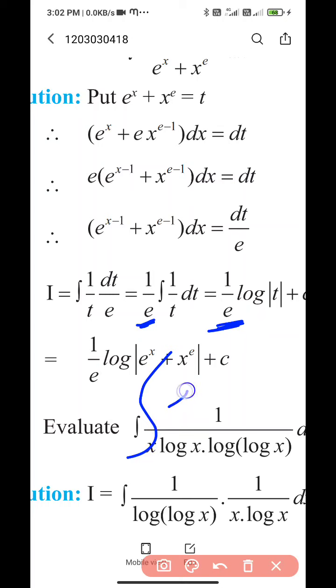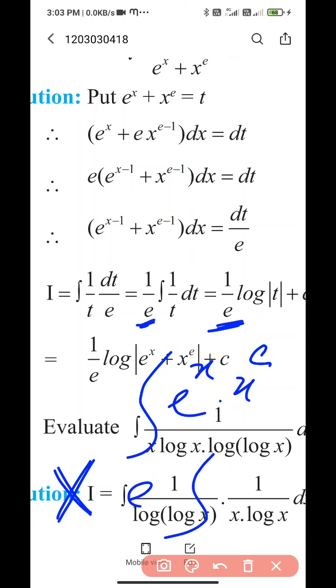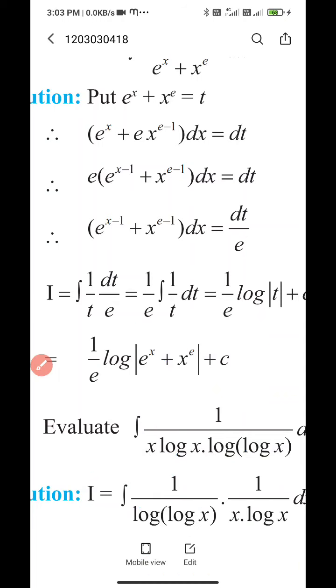You cannot do this: suppose e raised to x into x raised to e is there, you cannot take e raised to x and x raised to e common. Just remember this. This is very confusing sometimes, but you cannot take a function which has the variable x in it as common. Okay, so let's move on.